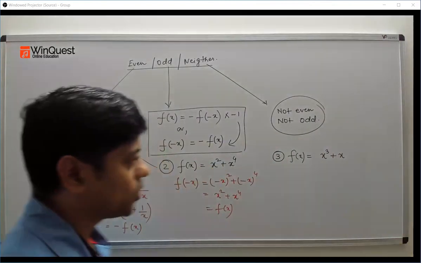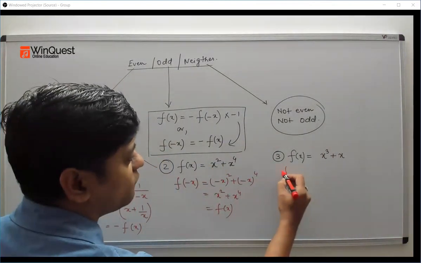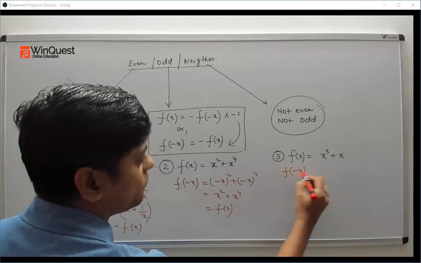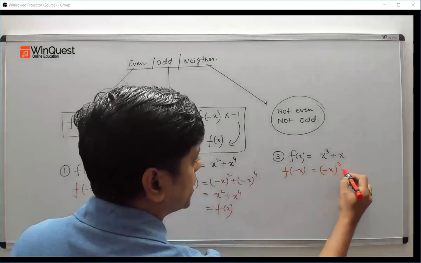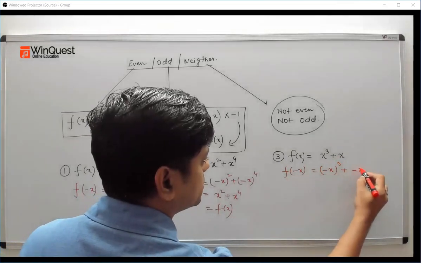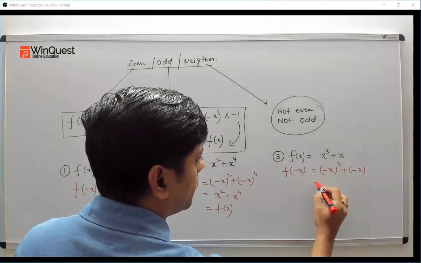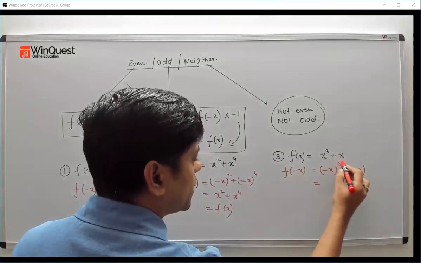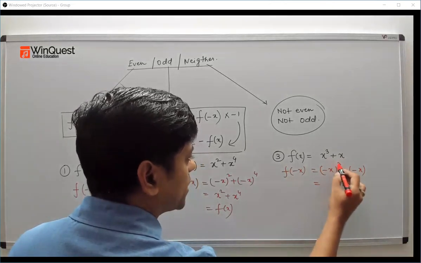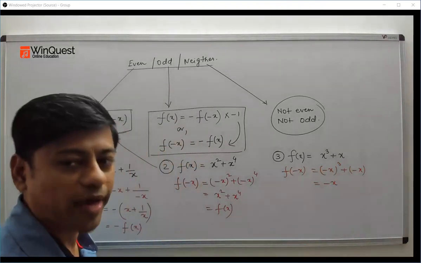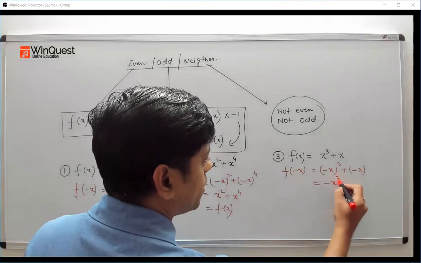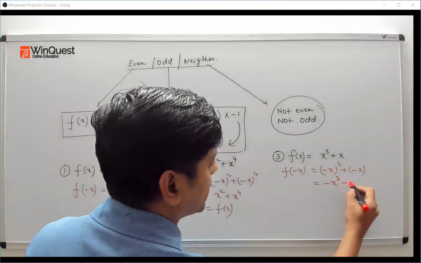It is odd. Why? F of minus x, if you substitute it, is minus x whole cube plus minus x. Since the power is an odd integer here, it is going to land up as negative x cube only. And this plus minus x becomes minus.